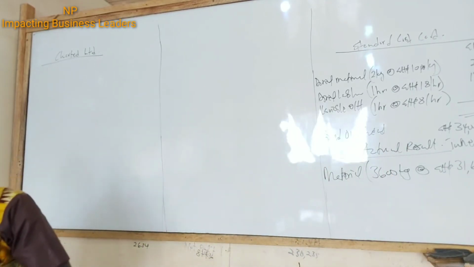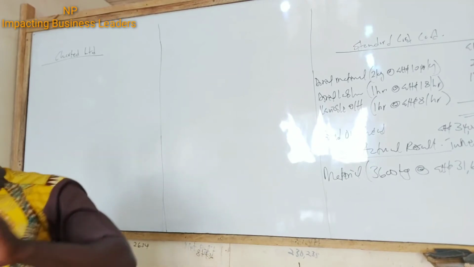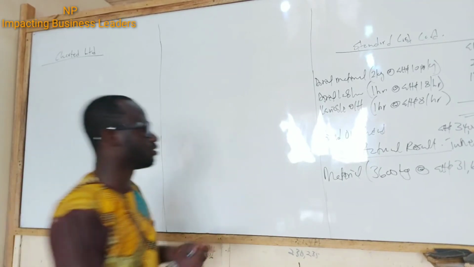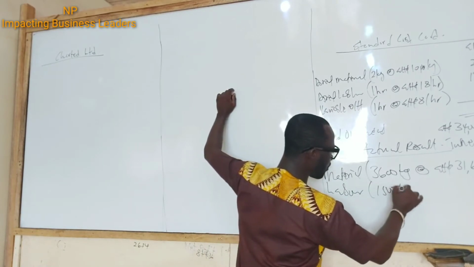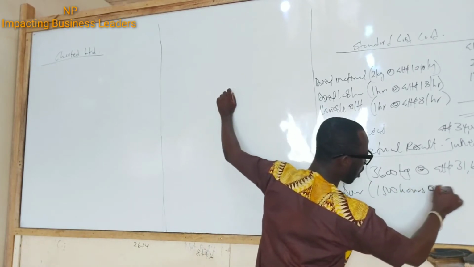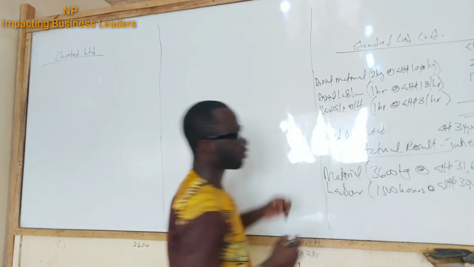That's the materials. Then it says direct labor hours used during operations were 1,500 hours, costing 30,000. So labor: 1,500 hours, and that cost 30,000 Ghana cedis.